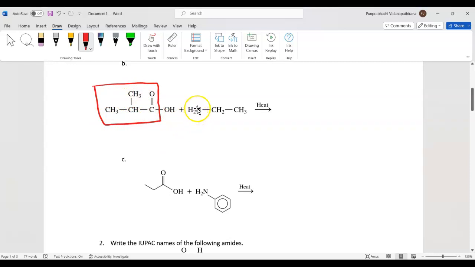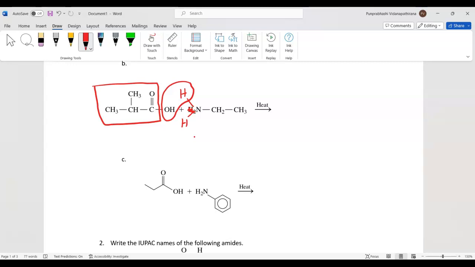And we have here NH2. Now this is a primary amine. So one of these hydrogen atoms from nitrogen will combine with OH. Okay, so I'm going to show it like this, drawing the two hydrogen atoms attached to the nitrogen, just to simplify it for you.